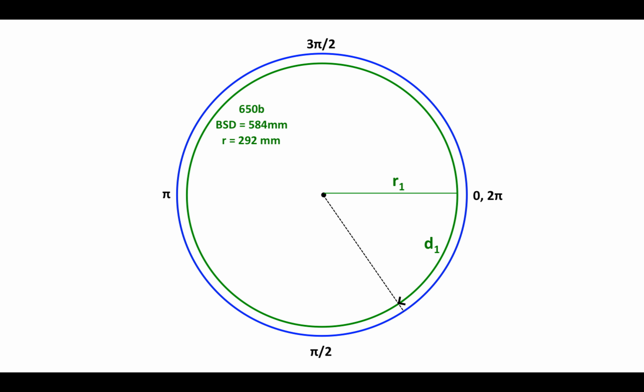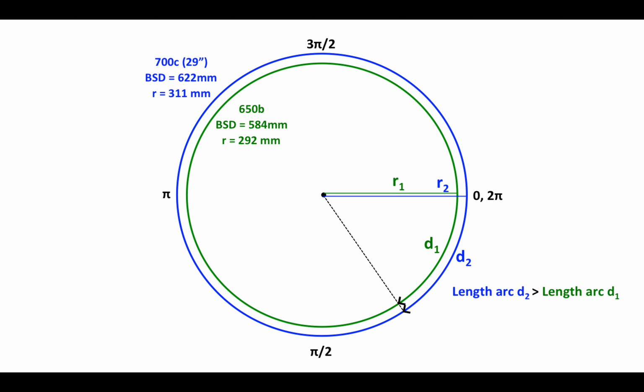Here's a larger rim. That's going to be a 700C or a 29er. Bead seat diameter of 622 millimeters. Radius, we'll call that R2, of 311 millimeters. And that distance there is D2. And clearly the length of D2 is greater than the length of D1.